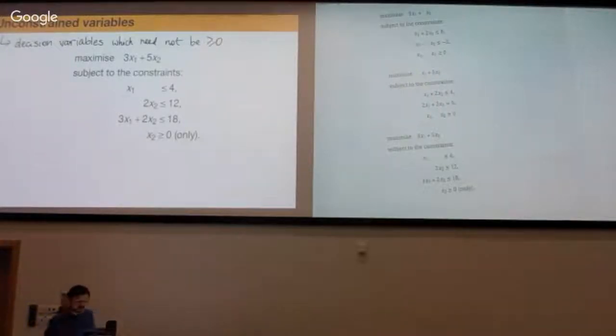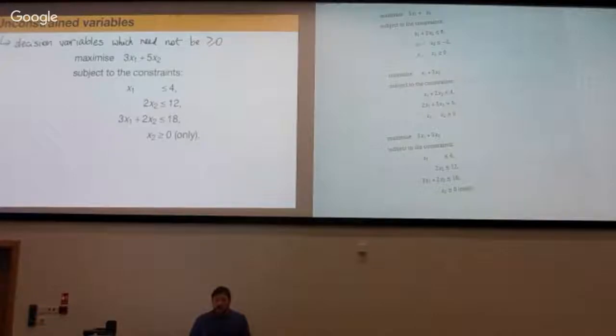So when you get a problem like this one, where it only says x2 greater than or equal to 0, and x1 can be negative, that's a problem. You can't just solve it with the usual simplex method.